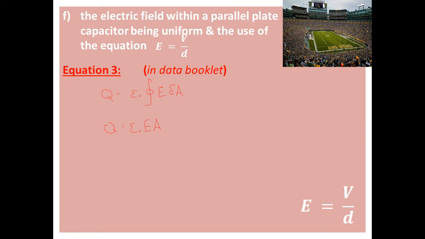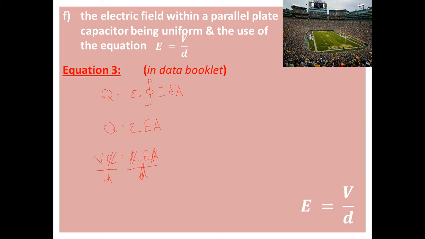And we simply manipulate this. Now we know from equation 1 that Q is equal to VC. If we then divide through by d on both sides, and equation 2 shows us that C is equal to epsilon naught A over d, we can actually get rid of those terms.